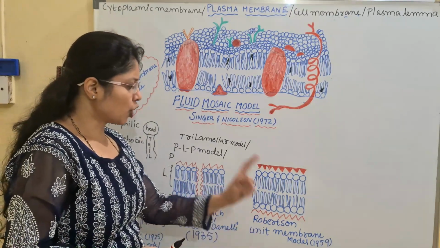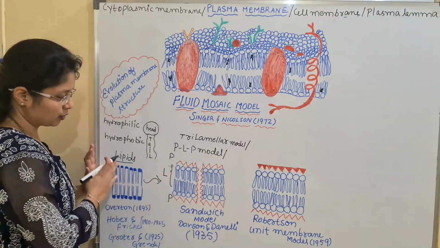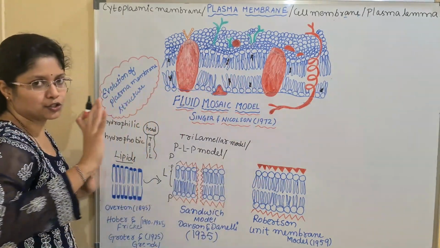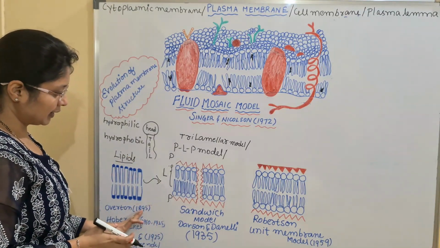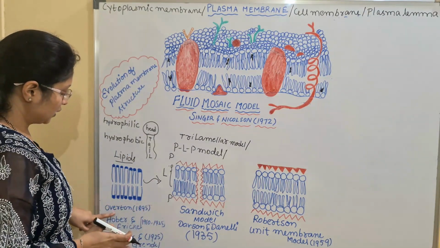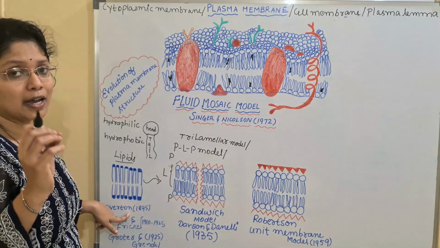the Robertson. So after Overton, if you observe the evolution of the structure of the plasma membrane, it started in the year 1895 with the discovery of the lipid molecules by Overton.